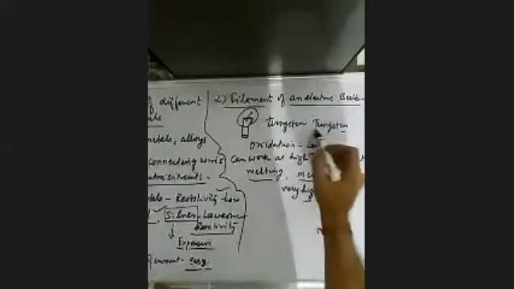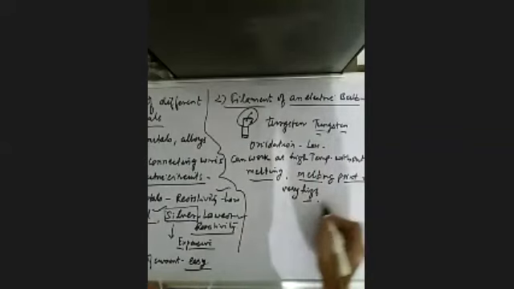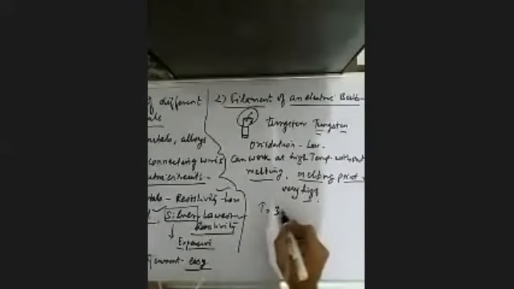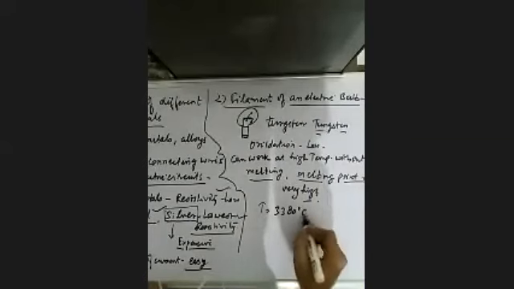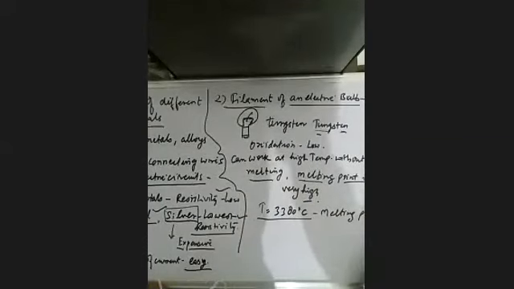That is why tungsten is used as the filament in a bulb. Its melting point is 3380 degrees Celsius.